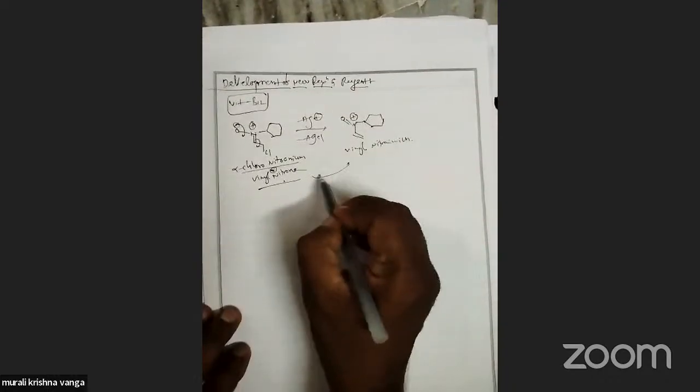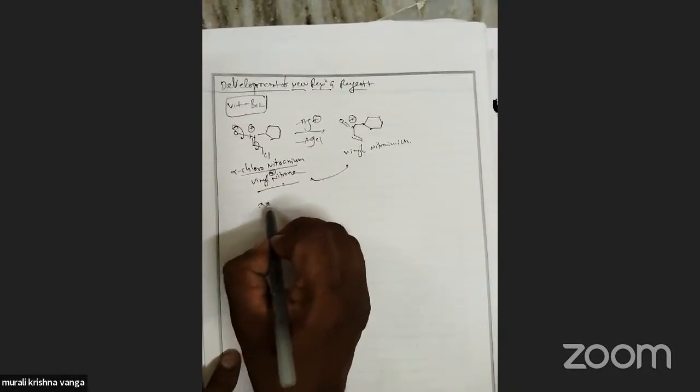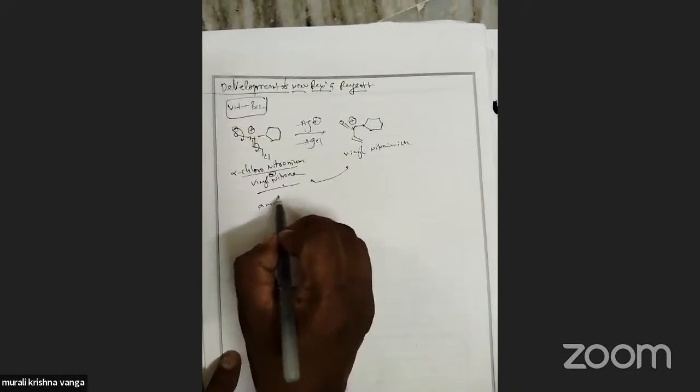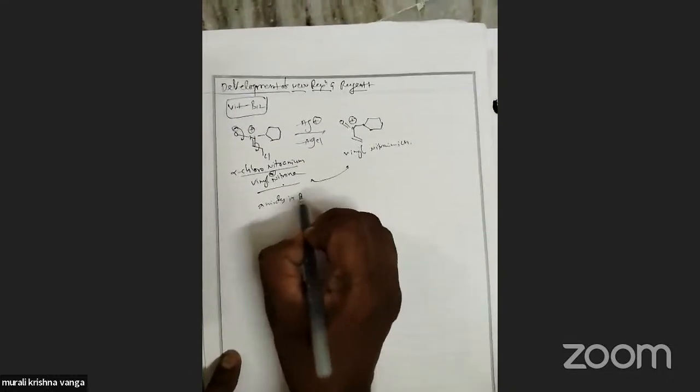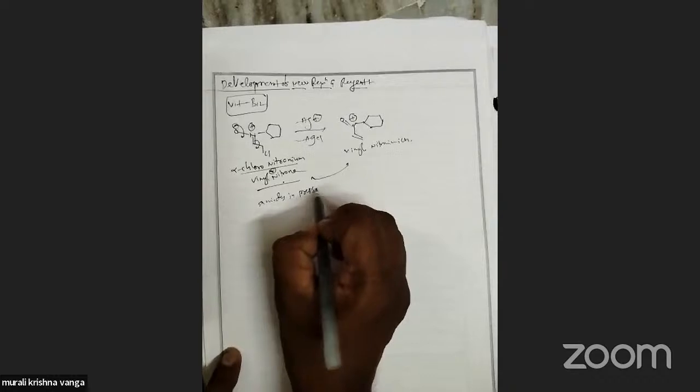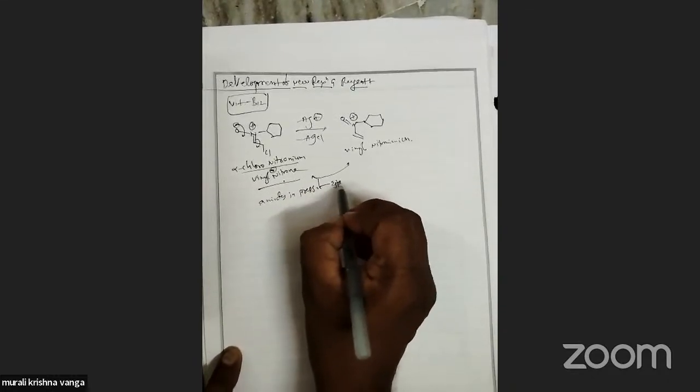So this is a selective hydrolysis of amide in the presence of ester. These two, vinyl nitronium or vinyl nitrone, are used for the selective hydrolysis of amides in the presence of esters.